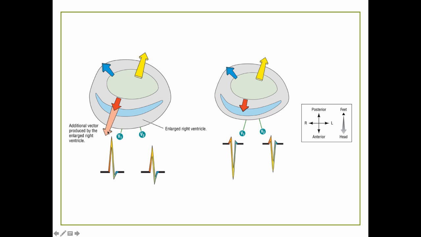So instead of this little tiny R wave to begin our QRS complex, V1 and V2 get this big positivity because I've got all this electricity, all these cells depolarizing that I'm looking at. V1 and V2 are our best windows to see right ventricular hypertrophy because they're positioned right there to see this huge surge of electricity.